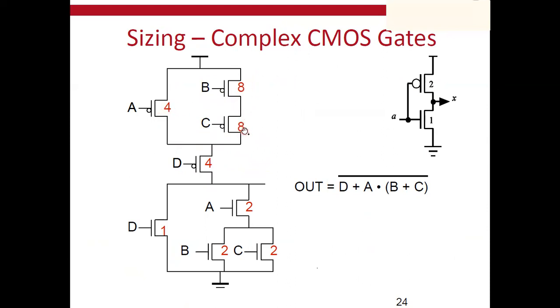So 1 over 8 plus 1 over 8, which is 1 over 4. So again, whenever it's in series, think about the denominator. So 1 over 8 plus 1 over 8 equals 1 over 4. Then 8 and 8, and this 4. This is the equivalent. On the other hand, this is a lone transistor, so you have to have it 1, and this is the equivalent.